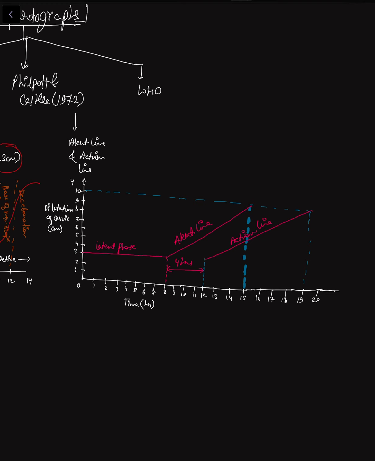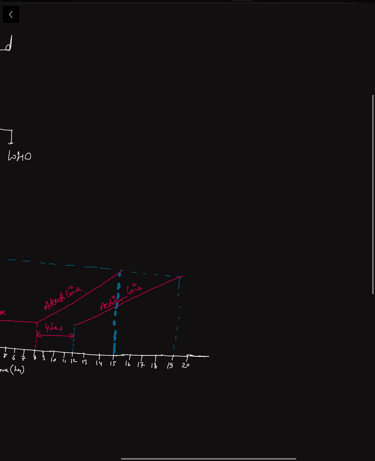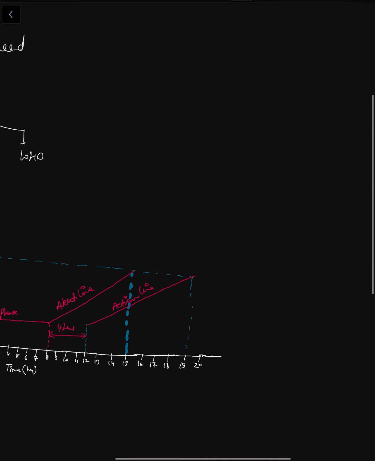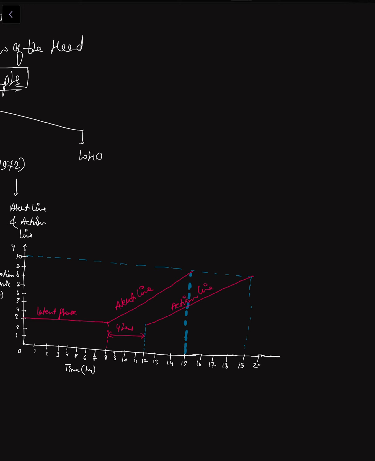And now come to WHO. So what changes has WHO done? It modified the partograph by removing the latent phase from the partograph, and here active phase starts from 4 centimeter.